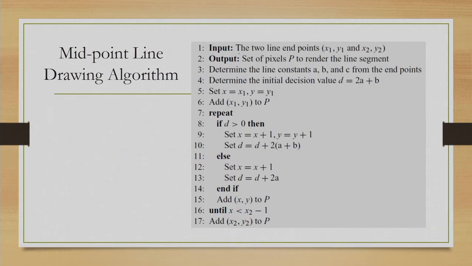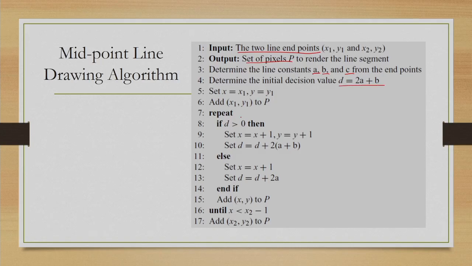The input is 2 line endpoints and the output is a set of pixels to render the line. The first task is to find the values of these constants a, b and c from the endpoints, and then the initial decision value d.